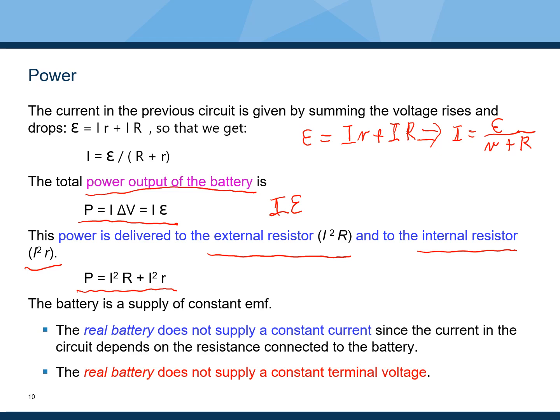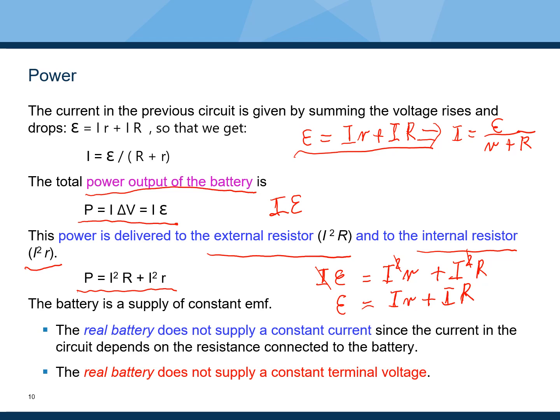And of course, we can say that the power supplied, which is I times E, is equal to the power drained in the internal resistor, which is I squared times little r, plus the power drained in the external resistor, which is I squared times big R. Now notice that I can cancel off a factor of I on all sides, okay, and I wind up with the same formula. E is equal to I times little r plus I times big R that we had before. That's this formula that we had before.